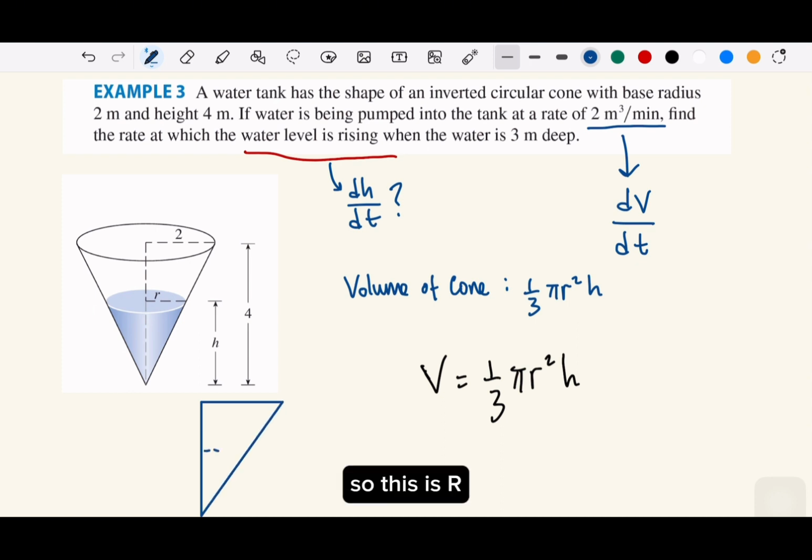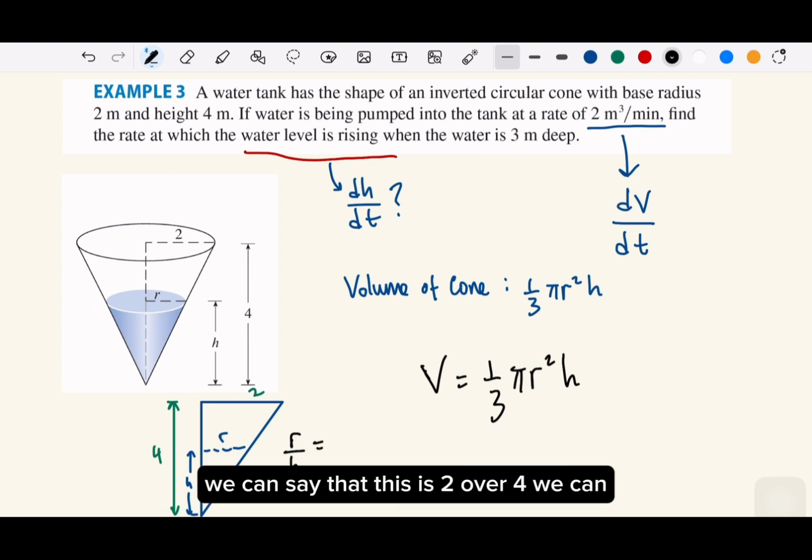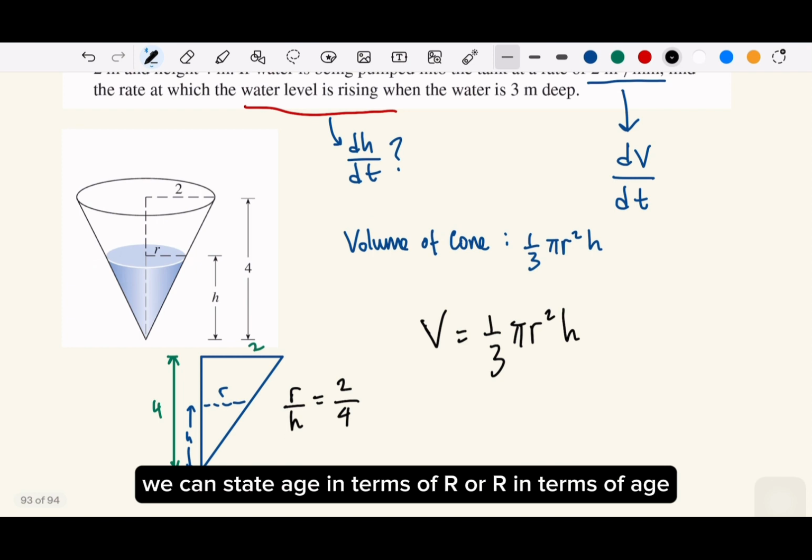This is R, this is H, this is 2, this is 4. So R over H, we can say that this is 2/4. We can state H in terms of R or R in terms of H.